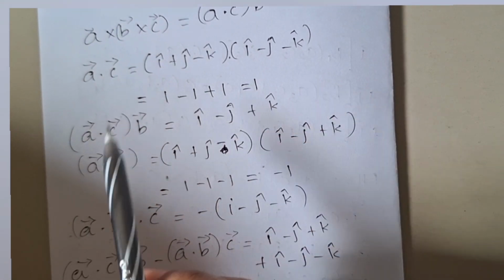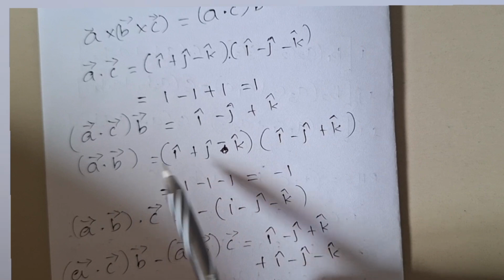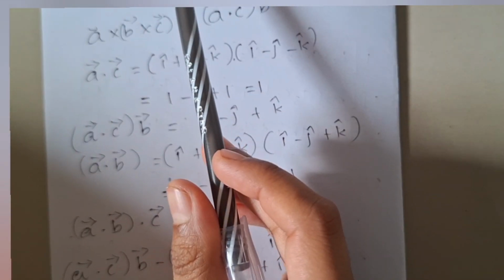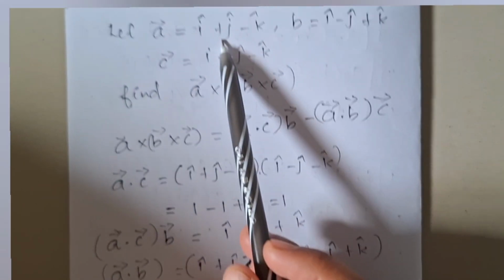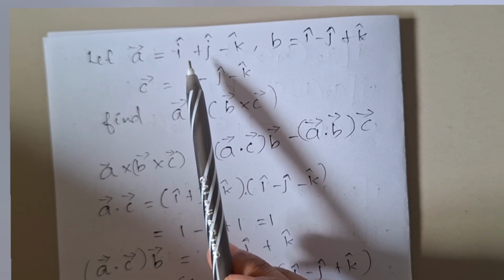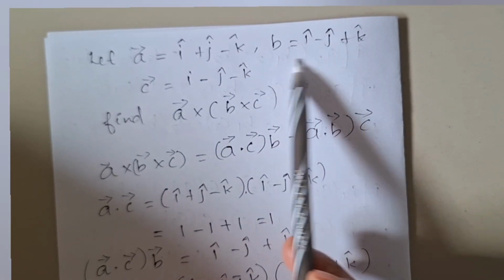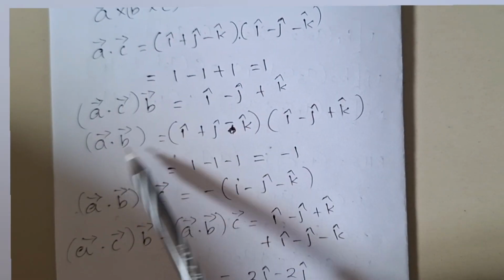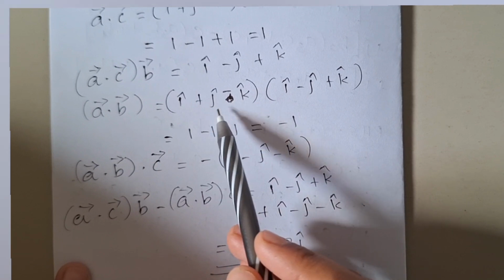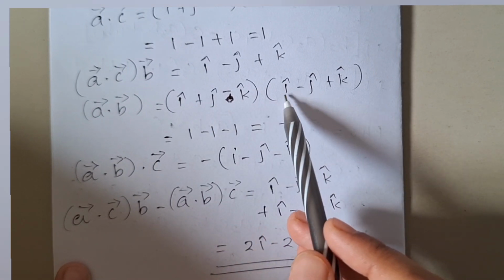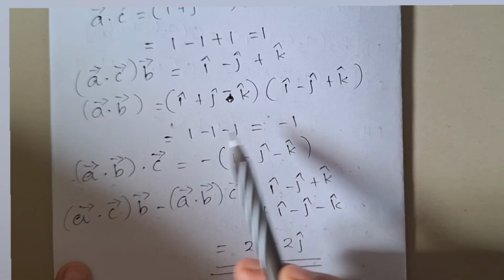Then we have to find A dot b. Vector A is here and vector b is here. So A dot b equals i plus j minus k dotted with i minus j plus k.